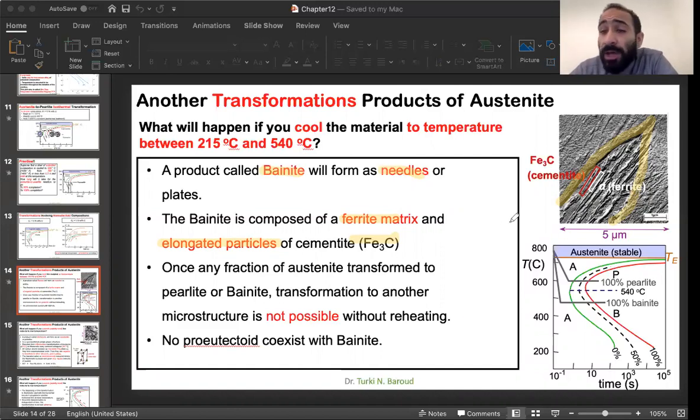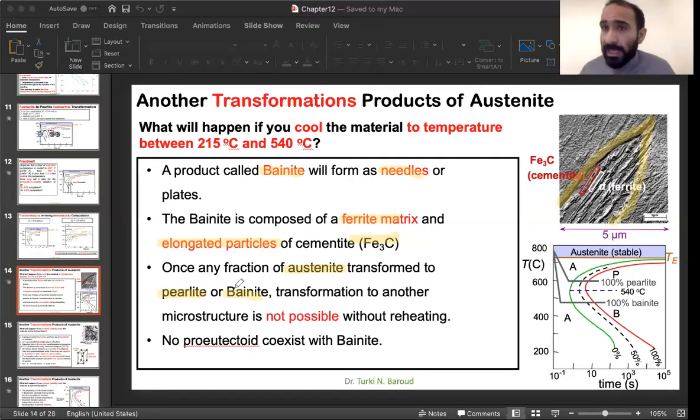Now, very important information: once the austenite is transformed to perlite or bainite, transformation to another microstructure is not possible. What does it mean? Austenite is the raw material that is not stable. So austenite is the phase that is willing to transform. But perlite, once transformed, can stay as it is. Even if you cool down to room temperature, nothing can happen. It will stay as it is.